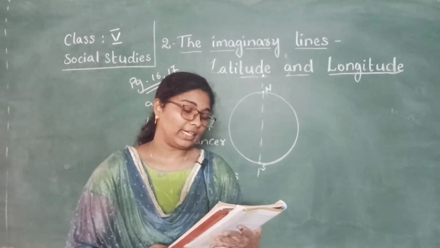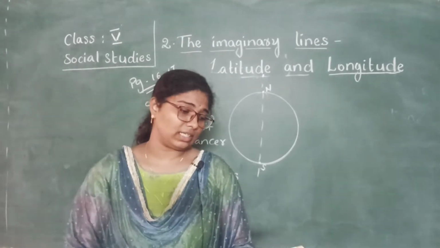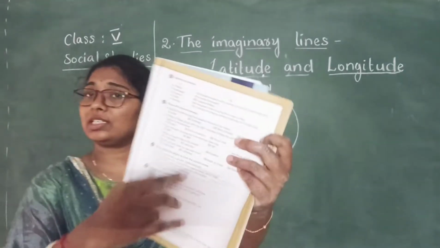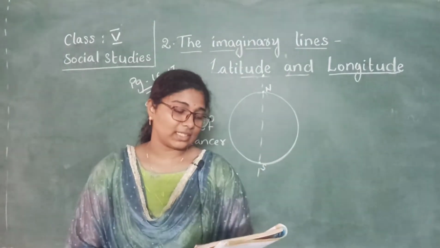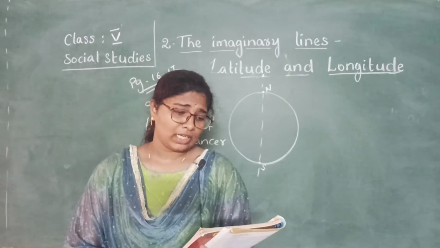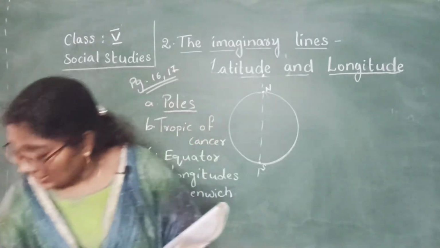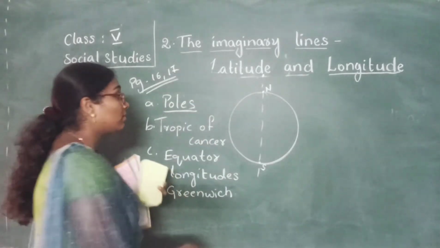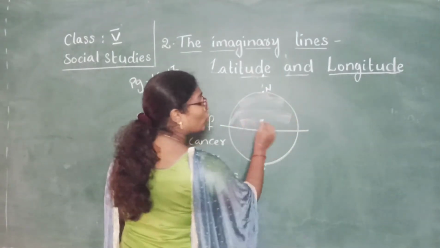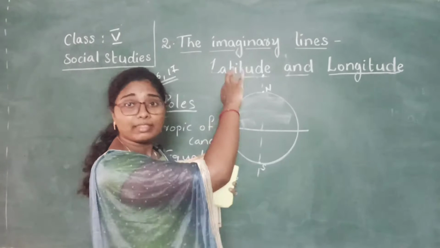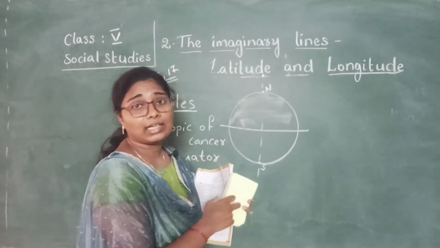Latitudes. Latitudes are imaginary lines that run from east to west direction. It is in Roman number 4, Nana. Fourth option. Next, equator. As it is in the middle of the earth, the equator divides the earth into two halves, northern hemisphere and southern hemisphere.